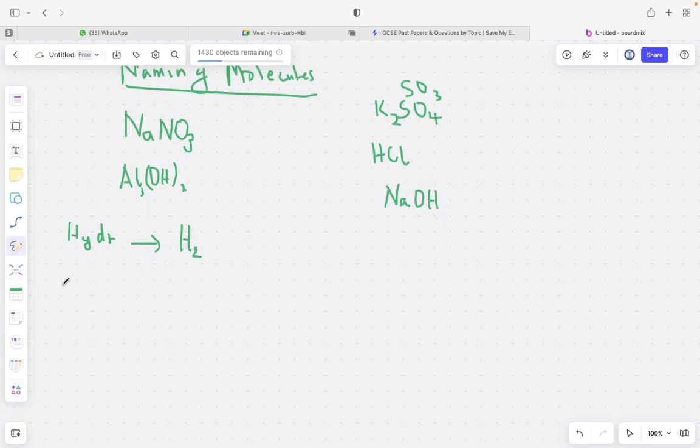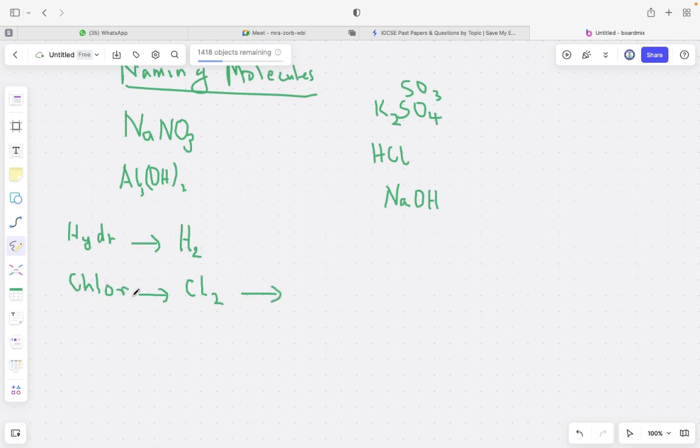Now let's see chlor. Any compound that contains chloro, the compound contains chlorine. Any compound that has this means it contains what? Chlorine. Like in the case of silver chloride.